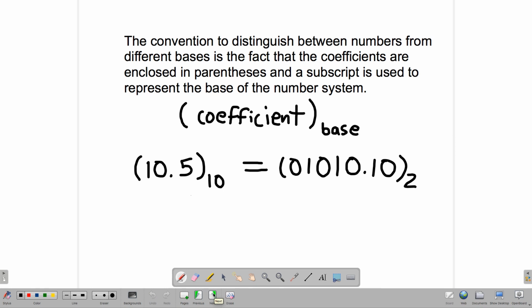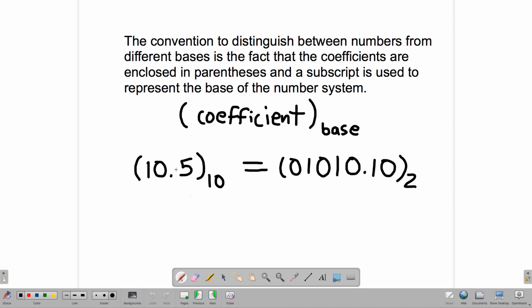The convention to distinguish between numbers from different bases is that the coefficients are enclosed in parentheses, and a subscript is used to represent the base of the number system. So I'll try to indicate that here by putting in parentheses. Here we got the coefficients in parentheses, and here's the base, which is a subscript. So here's an example below.